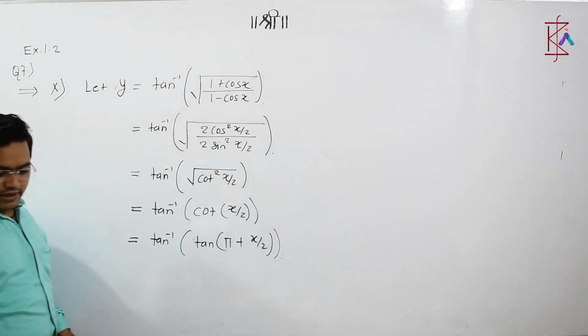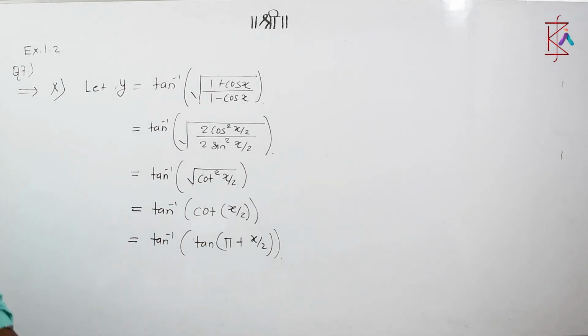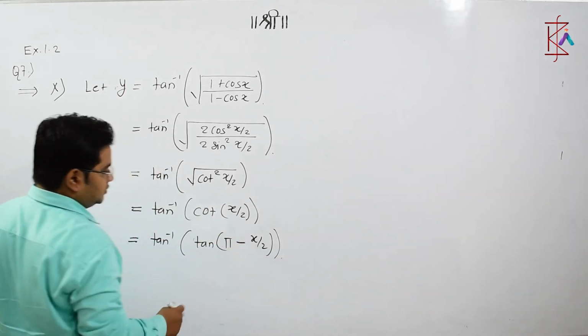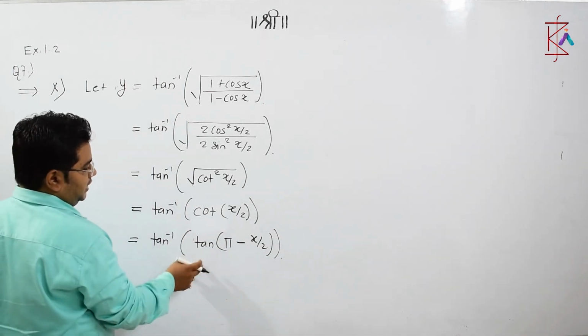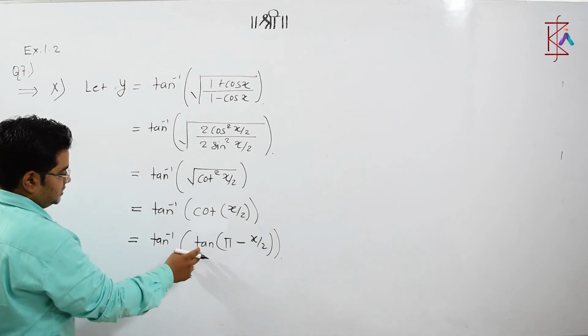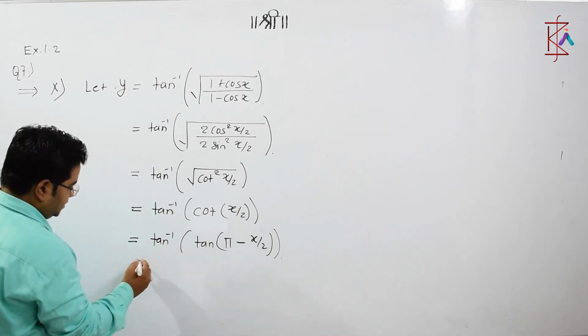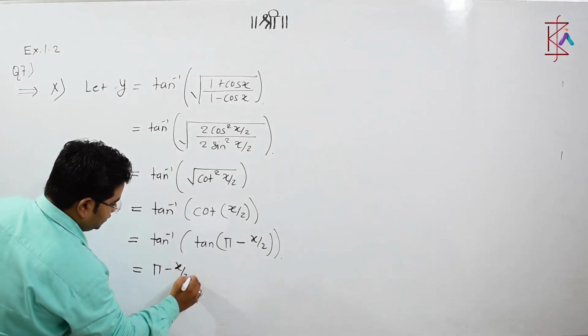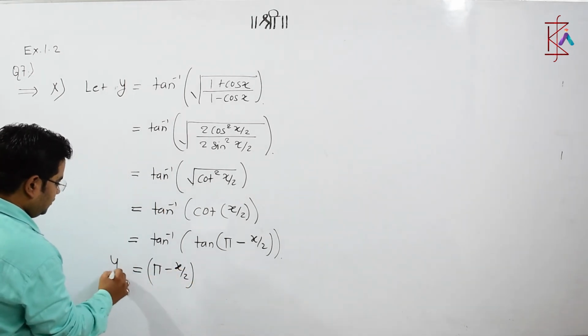Substitute these values, and definitely we will have our solution on the basis of this. Instead of substituting any other identities, this is the identity which we are using. Now this tan will get cancelled, remains what? Only pi by 2 minus x by 2. So this is our y.